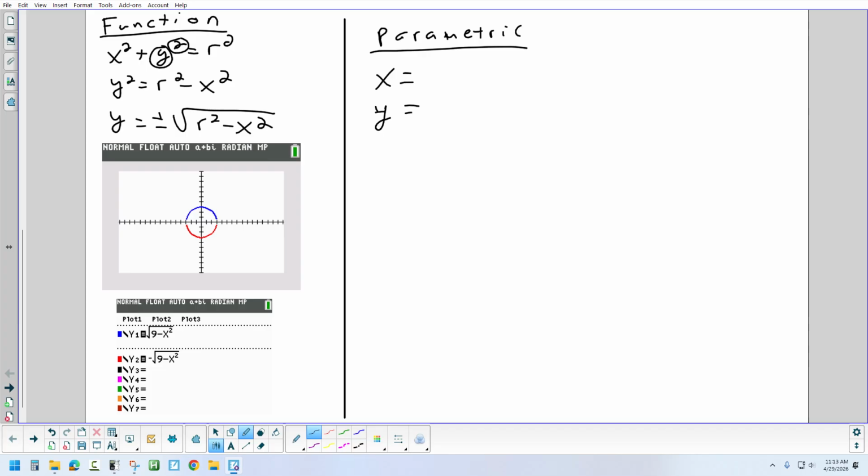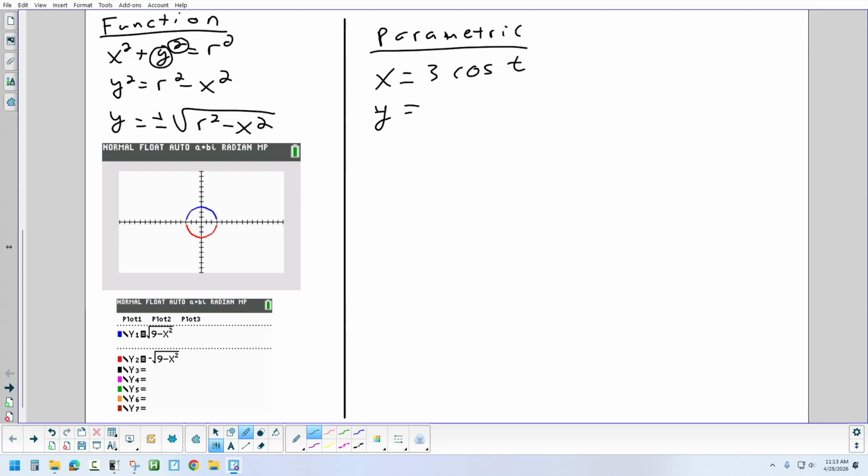And we learned the equation of a circle yesterday, and actually we did the exact one in the homework. What would be the x formula for the equation of a circle with a radius of 3? Is it 3 cosine t? 3 cosine t. Yep, good.